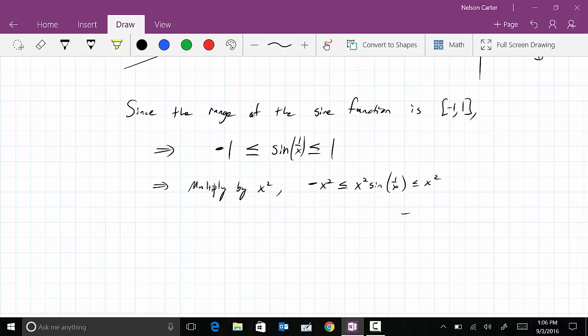So now what we're going to do is this. Find the limit as x approaches 0 of negative x squared.